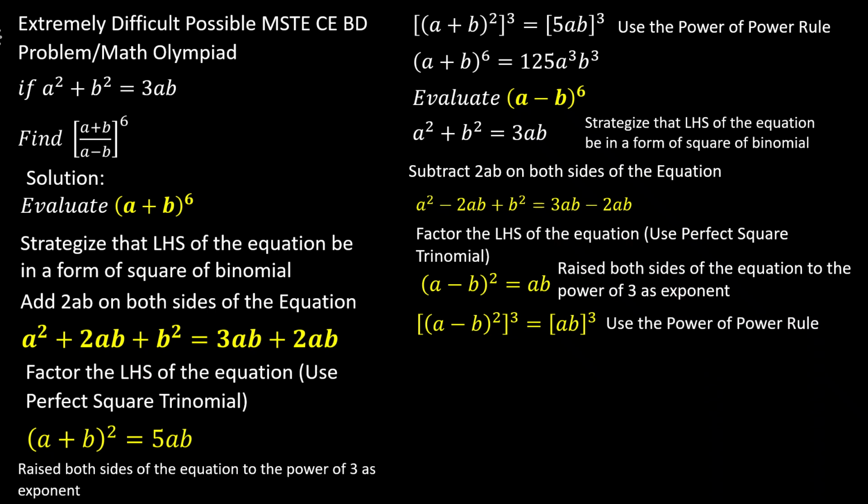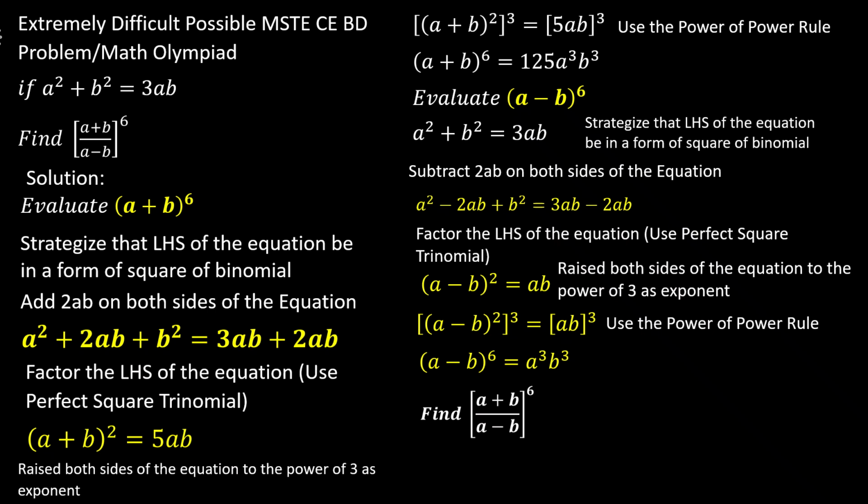And then similarly, just like what we did previously, we have to use the power of power rule under the laws of positive integer exponents. Finally, the value of (a minus b) raised to the sixth power equals a cubed b cubed. We can then move to the last step.